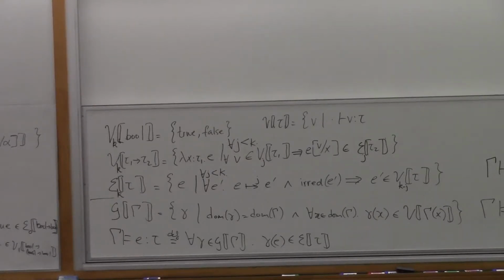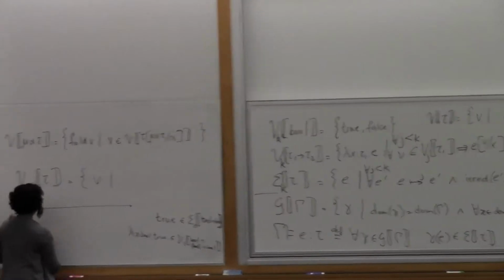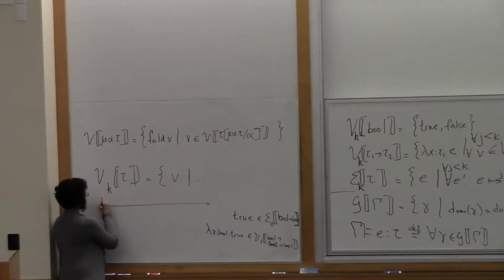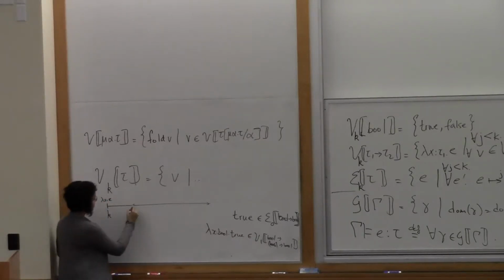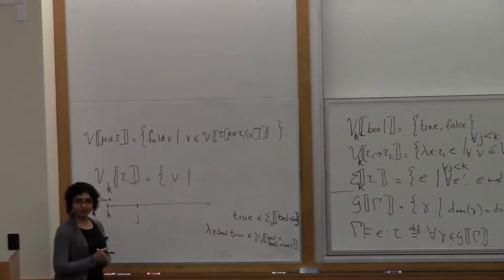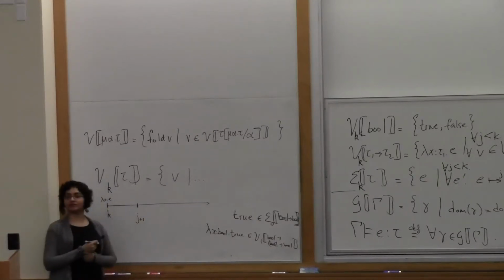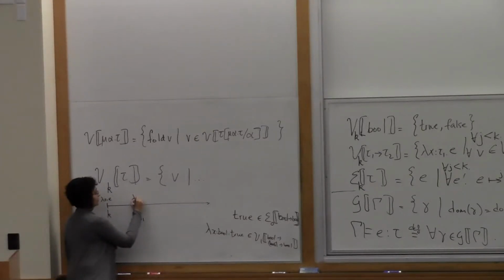Okay, so here's one idea. I should draw this timeline. We're over here. We have k steps left. And we have a lambda. I'll just write lambda x dot e. At some point in the future, let's say when we have j plus 1 steps left, someone gives us a value.